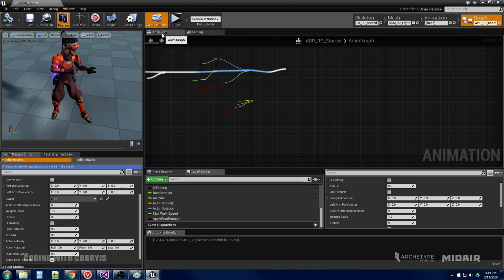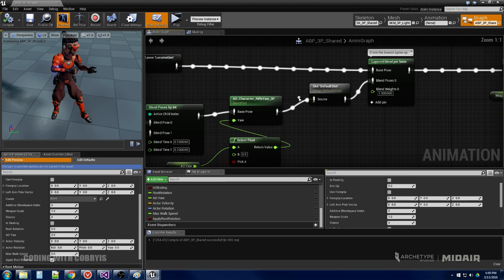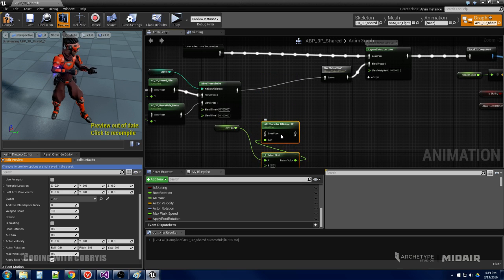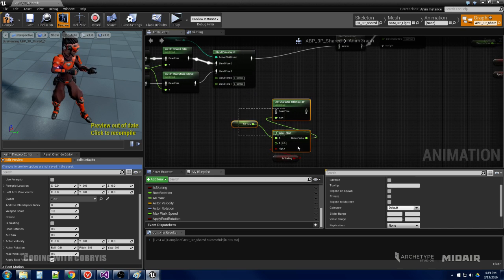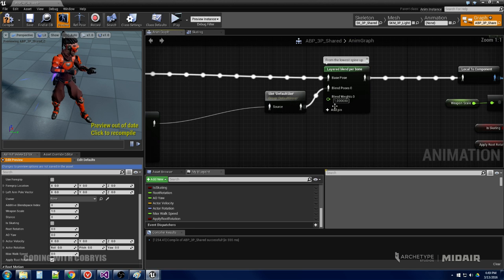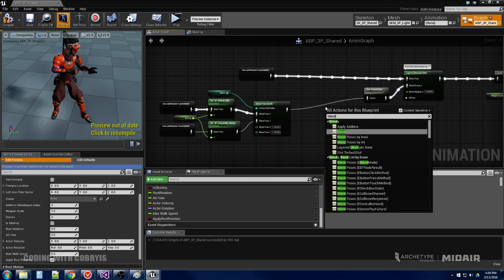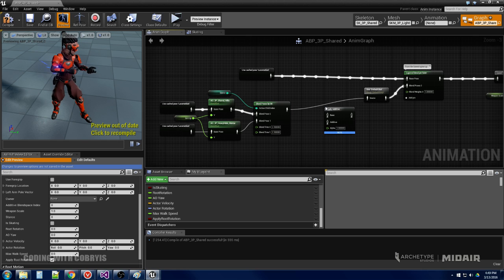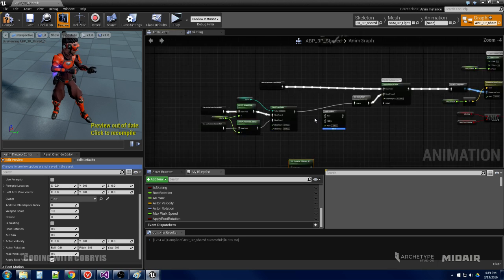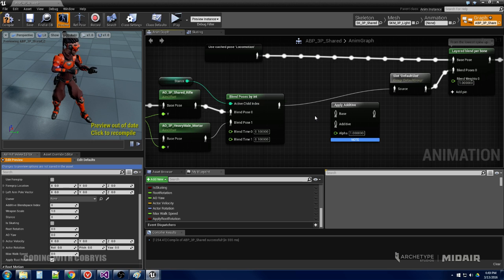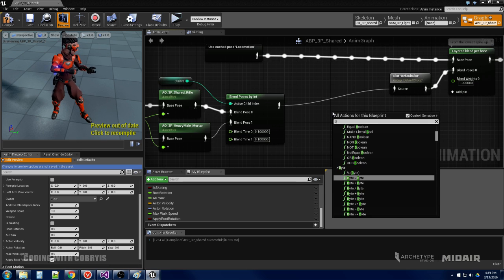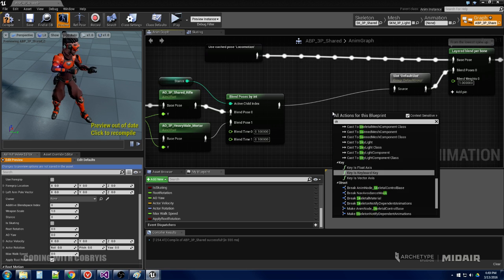Anim graph. Alright, so we're gonna take this out for a second. This right here cuts off stuff from the spine up. So what we'll do is we'll blend... no, not apply additive. Blend, ski.